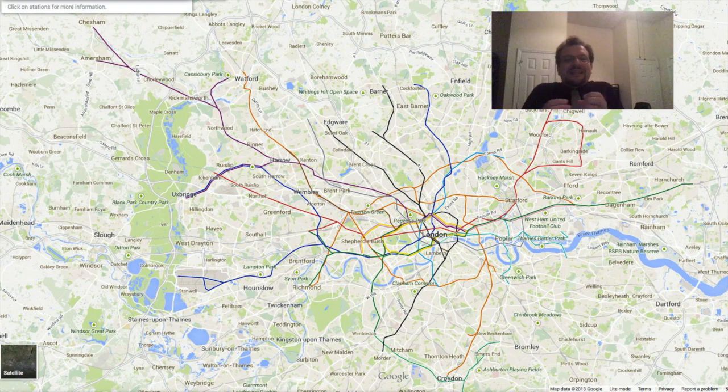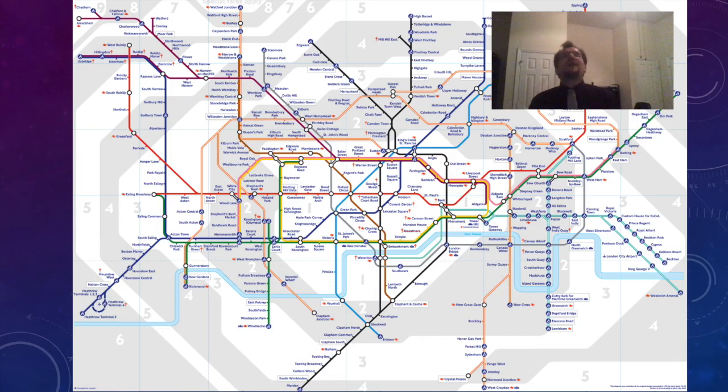So, in order to make the London Underground a lot easier to use, they needed to make a much more useful map. And the map of the London Underground that we know today, along with every other subway map, was actually designed by an electrical engineer that used the same techniques that are used for circuit diagrams to show all these connections in a map.